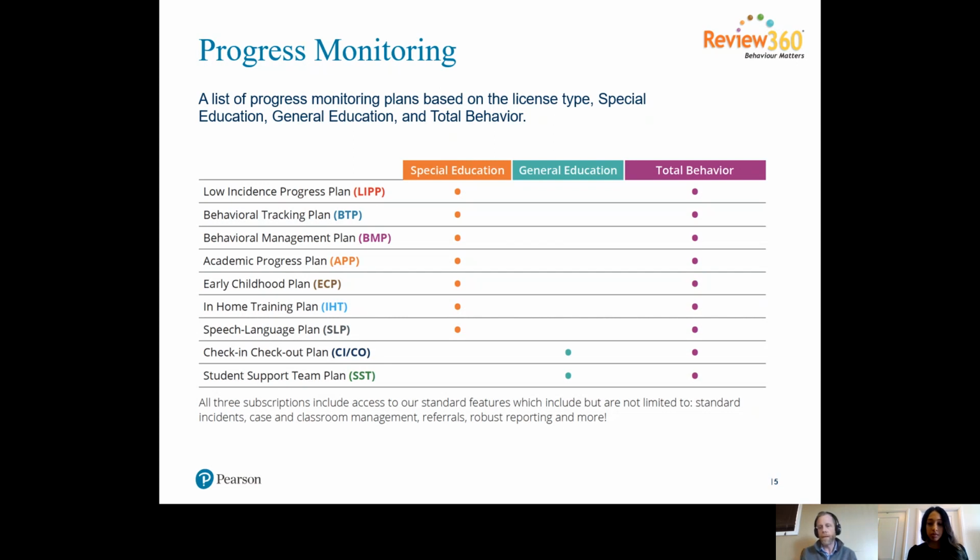They can feel confident that they're using objective, quantitative data to support what they're feeling, and to determine if what we've planned and set out for that student is effective.